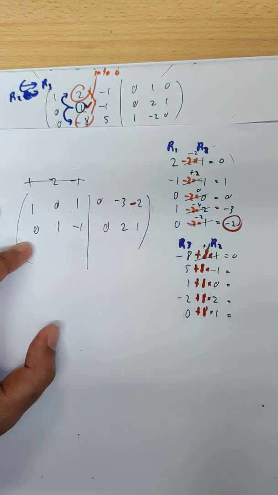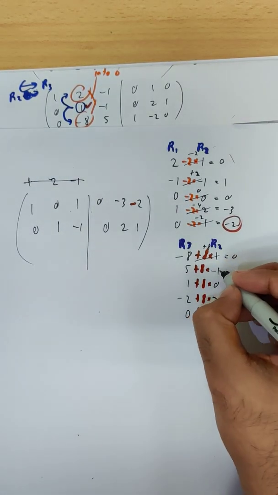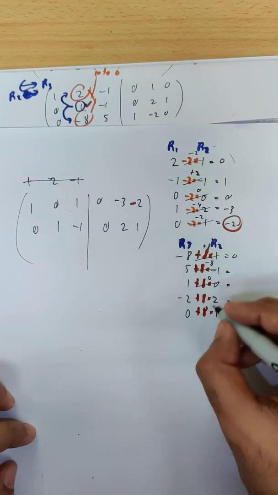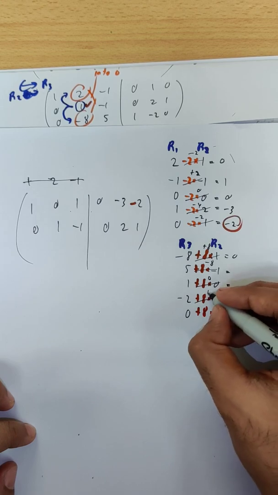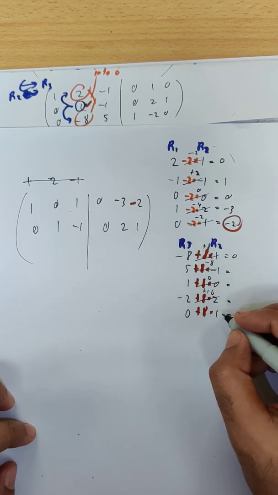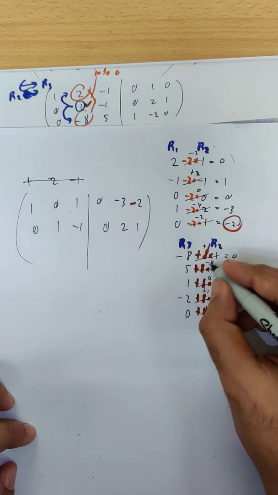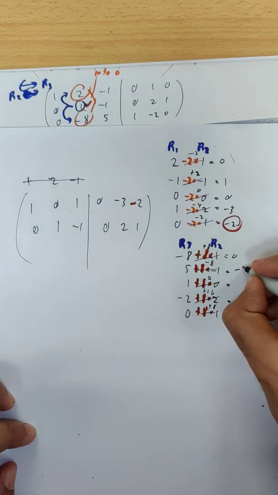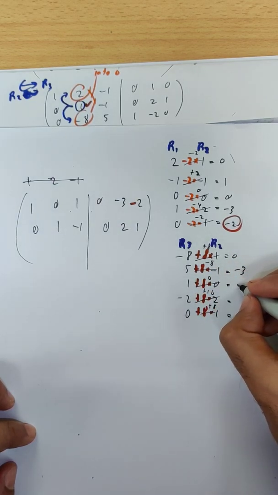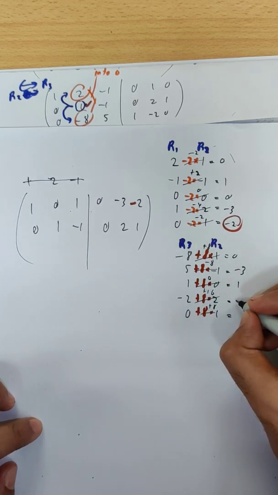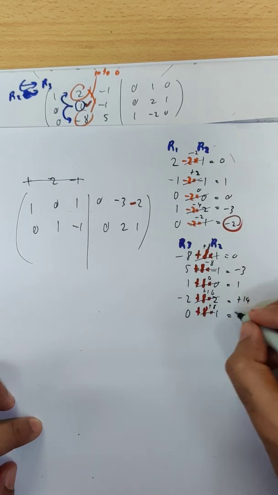Okay, so let's continue. 8 times negative 1 is negative 8, 0, 8 times 2 is 16, 8 times 1 is plus 8. So 5 minus 8 is negative 3, 1 plus 0 is 1, negative 2 plus 16 is plus 14, 0 plus 8 is plus 8.